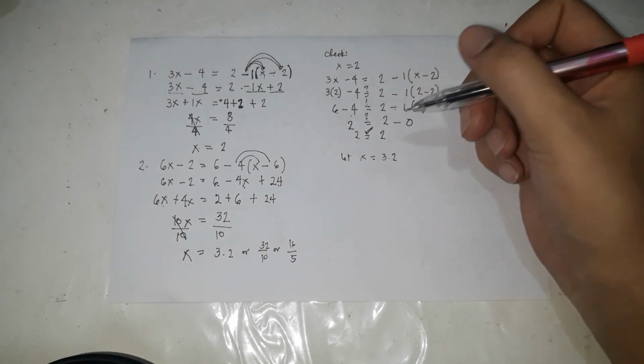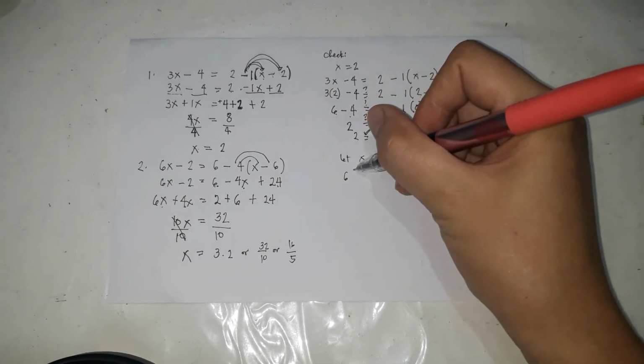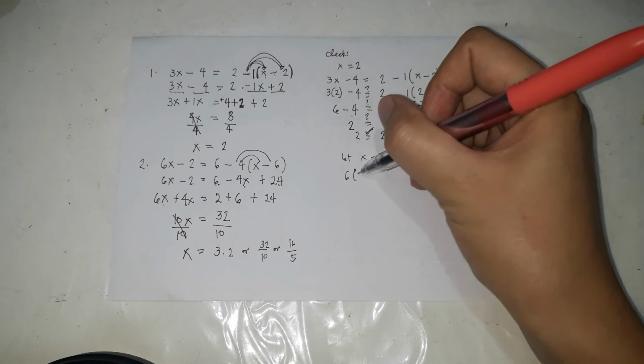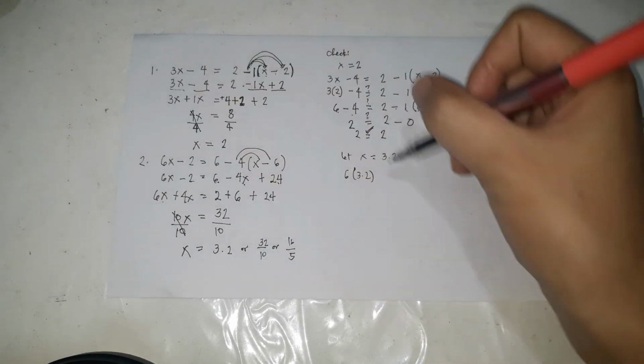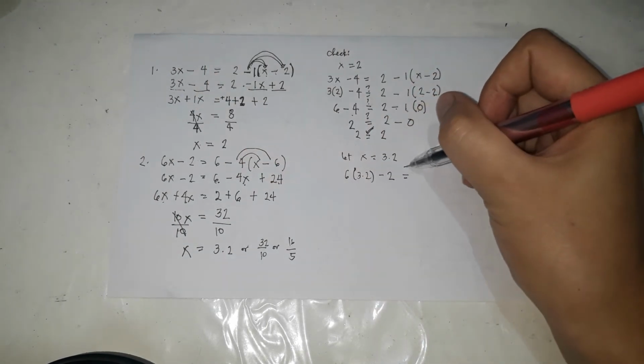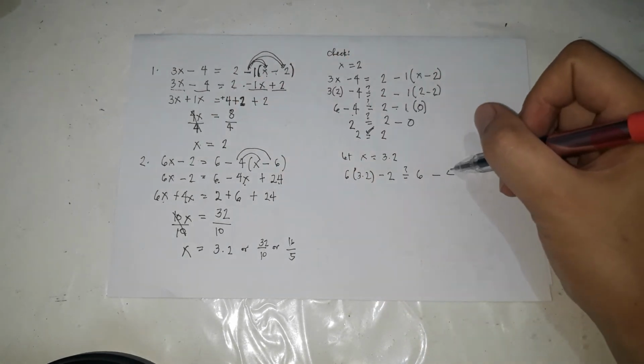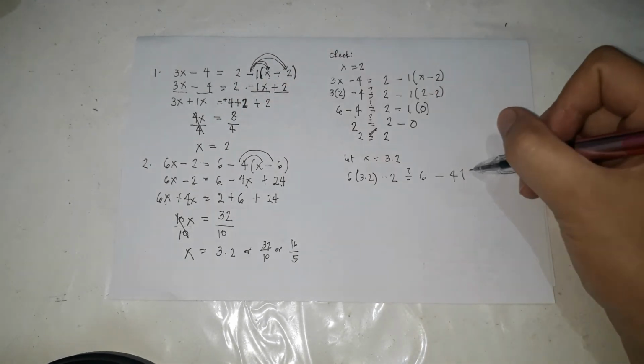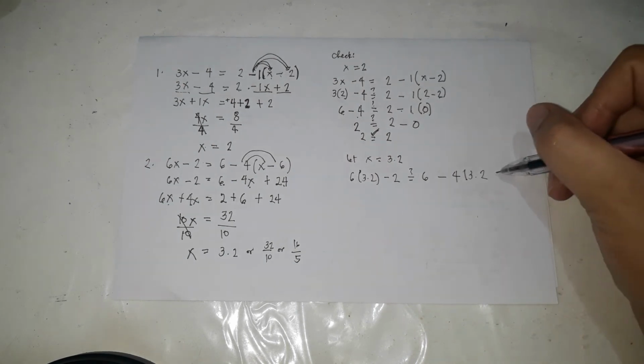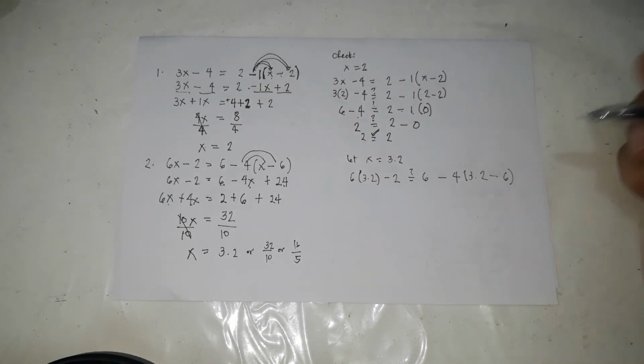Let's have 3.2. So 6, ang x magiging 3.2, minus 2, is it equal to 6 minus 4, x magiging 3.2, minus 6, close.